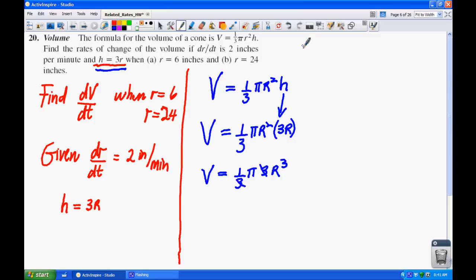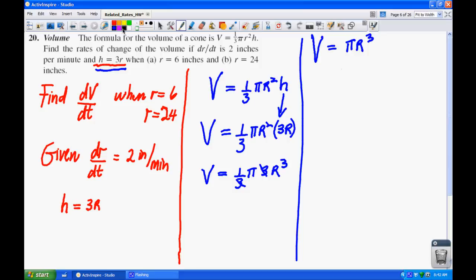So V just ends up to be pi r cubed. Good. Some of you are saying, well, why? Well, I eliminated that h for one. So now I'm just going to differentiate both sides with respect to t, and I'm good to go.